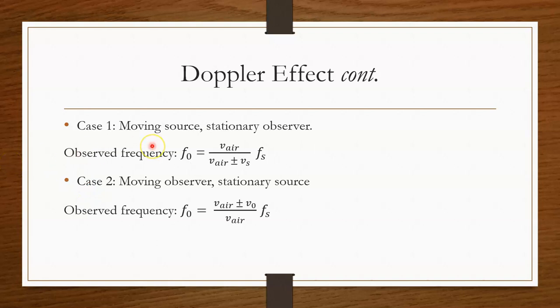Now, for the first case, where the source is moving and the observer is stationary, the observed frequency, or the frequency heard by the observer, can be calculated using this equation, where f_o stands for the observer frequency, is equal to v, the speed of sound in air, divided by the speed of sound in air plus or minus the speed of the source, times the frequency of the source.